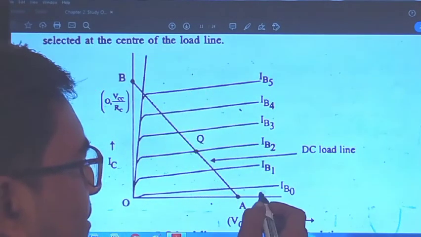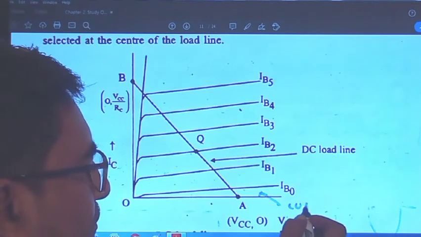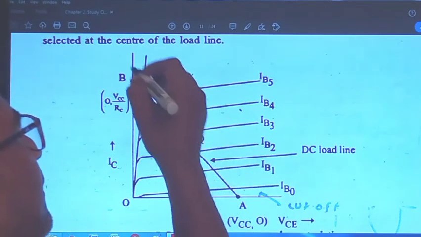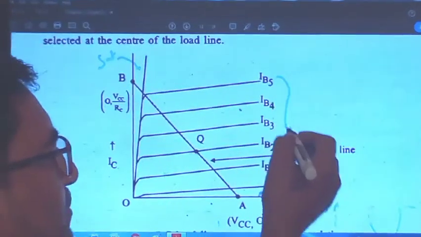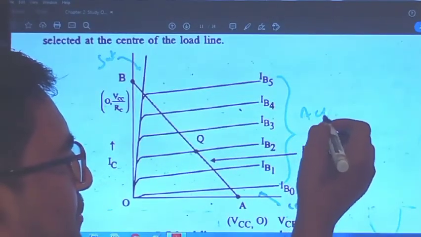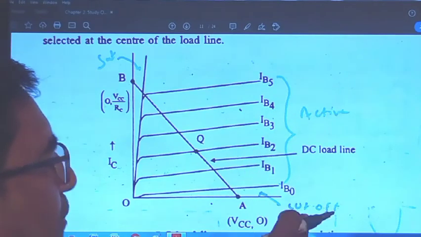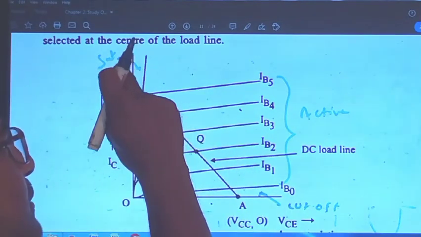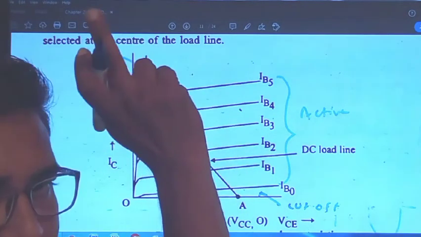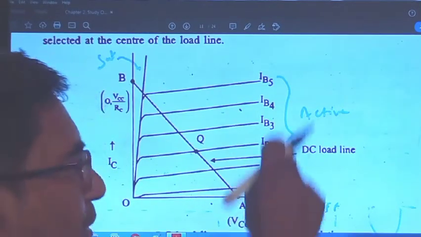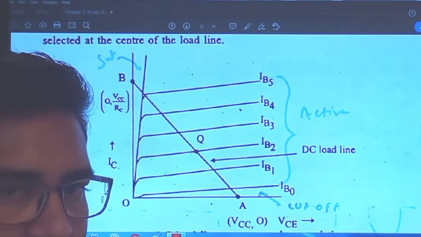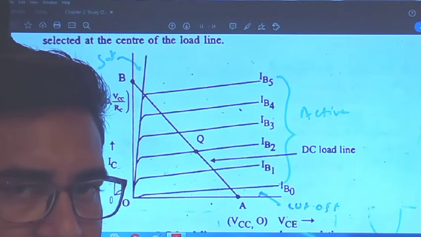Observe here the cutoff region, the saturation region, and the active region. In saturation, both junctions are forward biased. In cutoff, both junctions are reverse biased. In the active region, one junction is forward biased and the other is reverse biased.